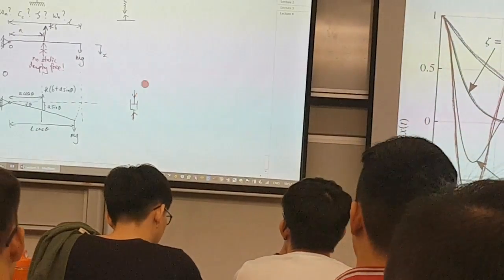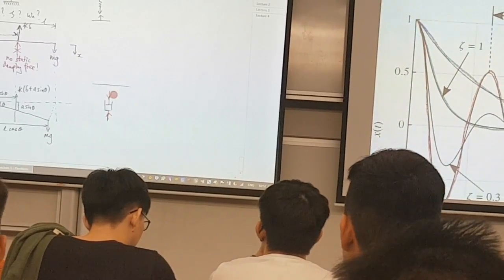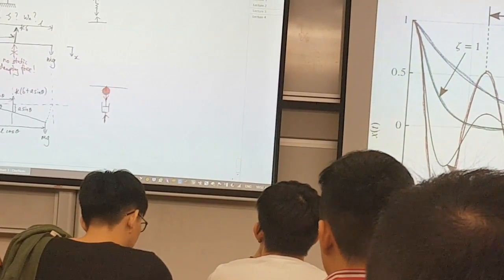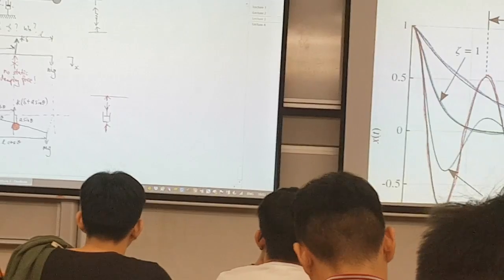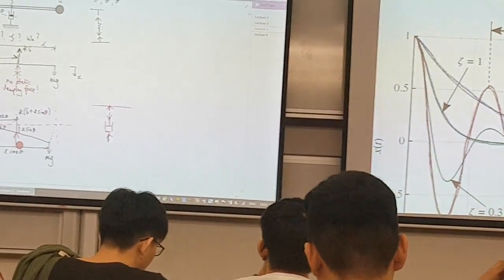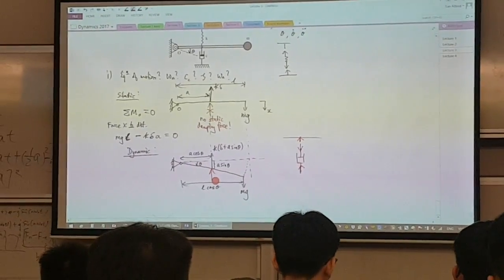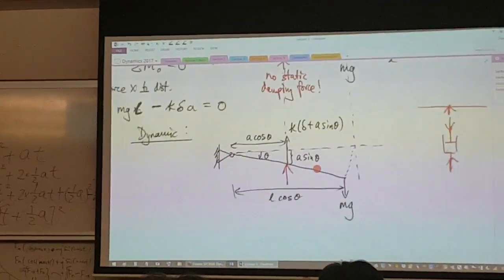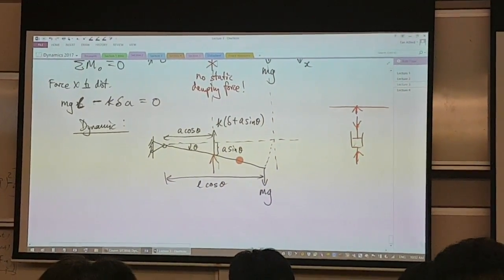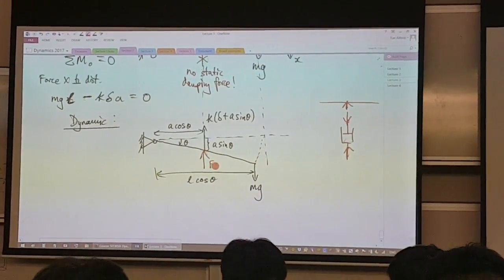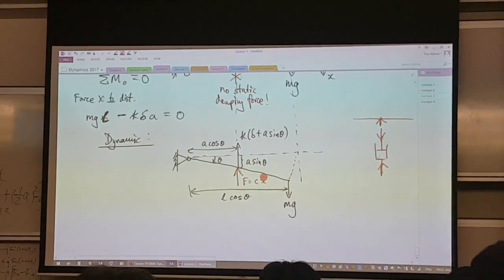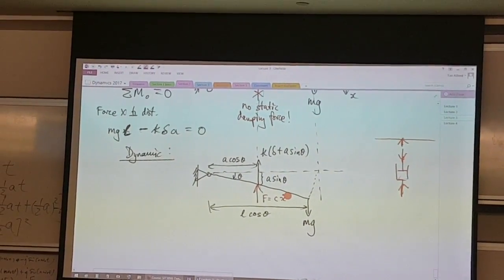So the equal and opposite force, where your beam is at the top, that arrow will be pointing upward in that case. So the damping force over here will be F equal to c x dot. That's the one that you heard before.